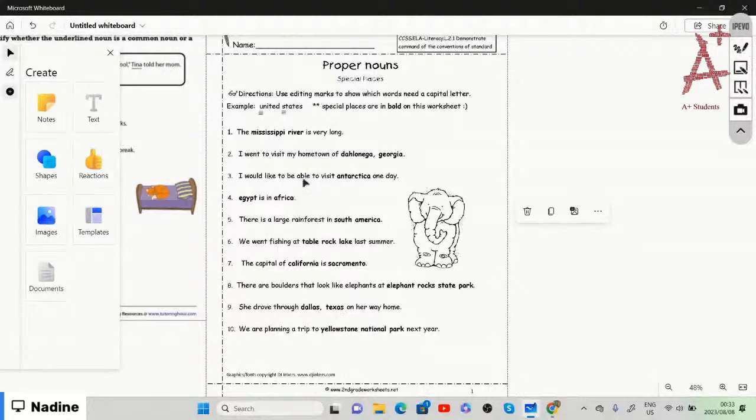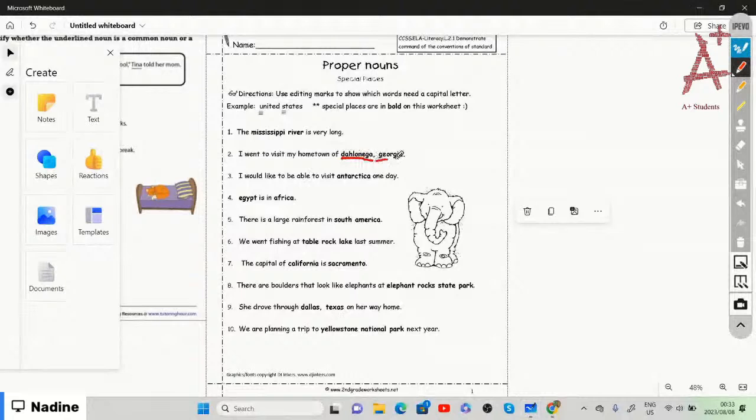Then we have I went to visit my hometown of Jalonigo in Georgia, right? So which means that the hometown Jalonigo, Georgia needs to be capitalized, right? So this needs to be capitalized as well as Georgia and the Mississippi River.